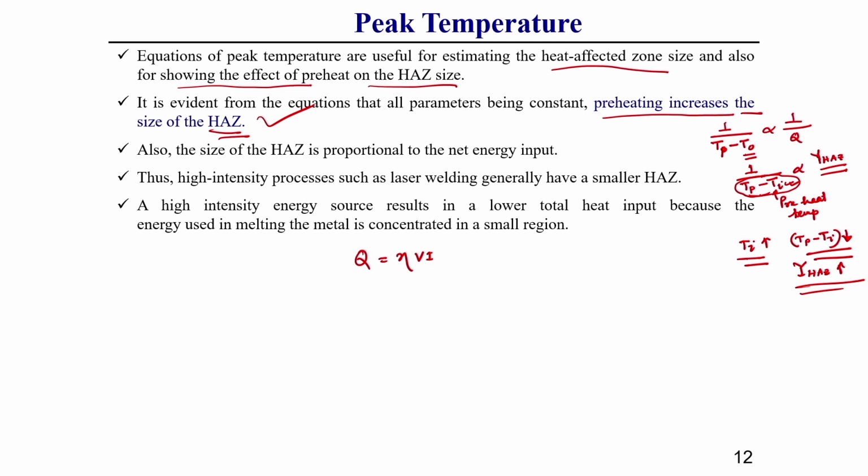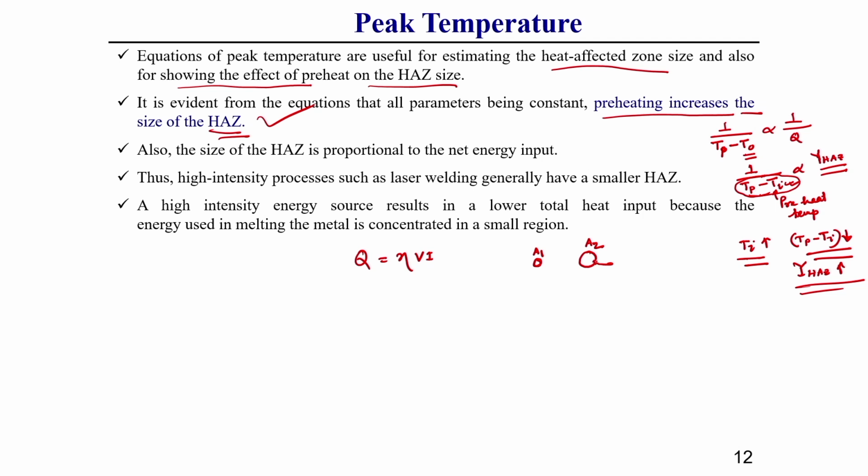So, let us consider you are providing heat by a small diameter arc and another arc of a somewhat larger size. Let us consider this is your A1 cross-section area, this is your A2 cross-section area.